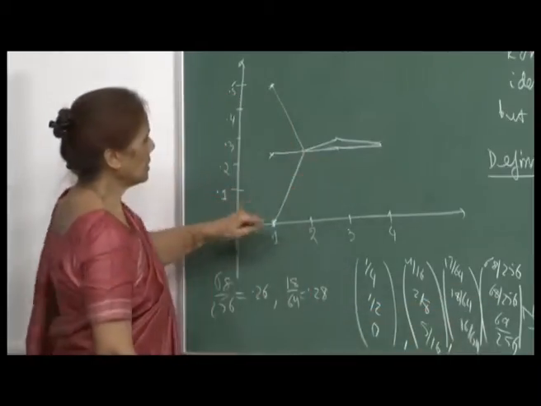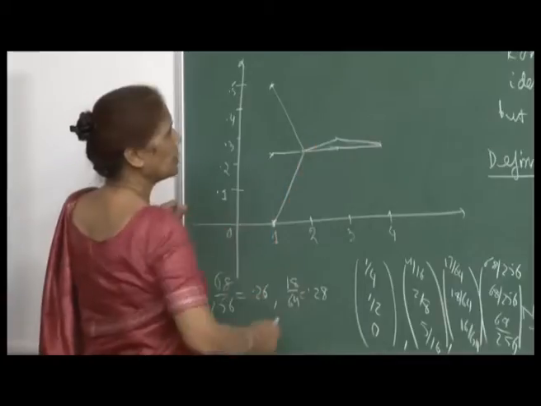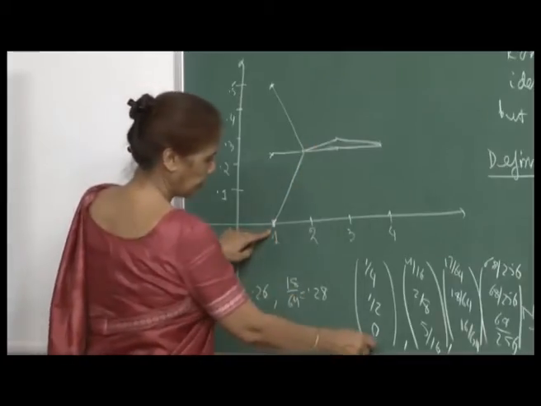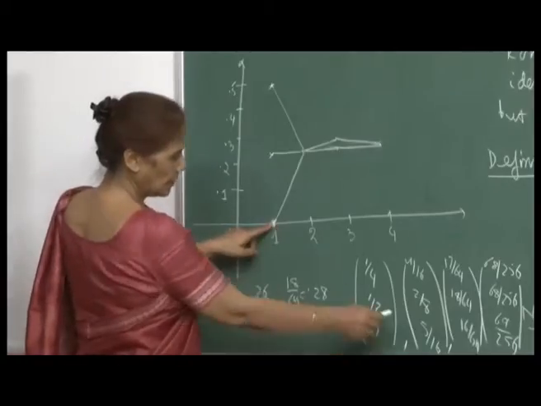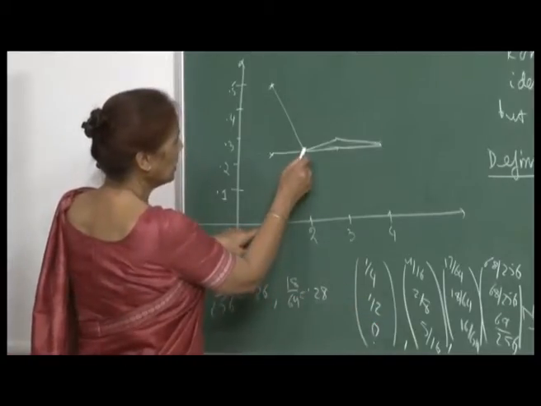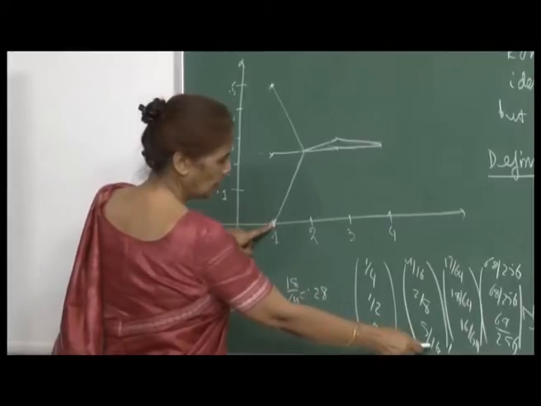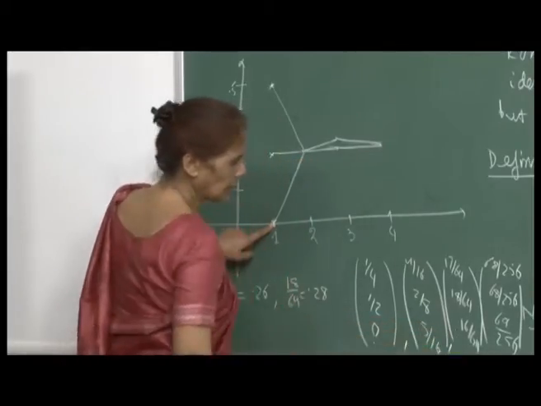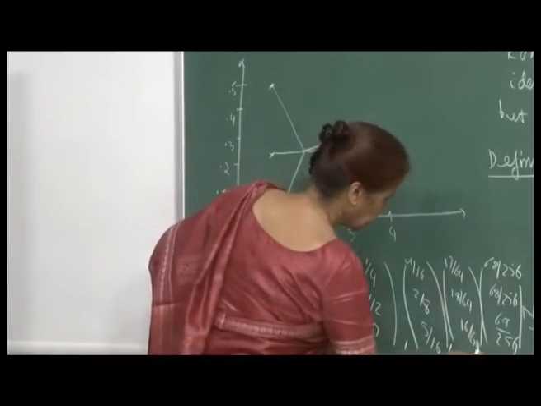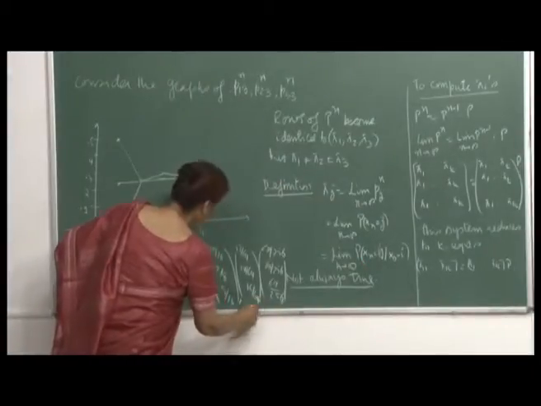Okay. So, this is how it is, and for P33, it is 0 in the beginning, at time period 1, then it jumps to 5 by 16, which is a little more than 1 by 4, so a little more than 0.25, and then it comes to 16 by 64, which is exactly 0.25.